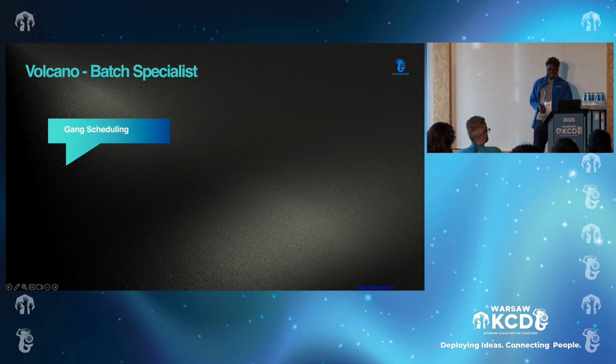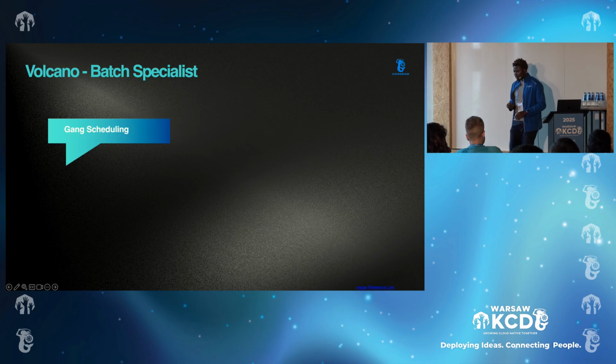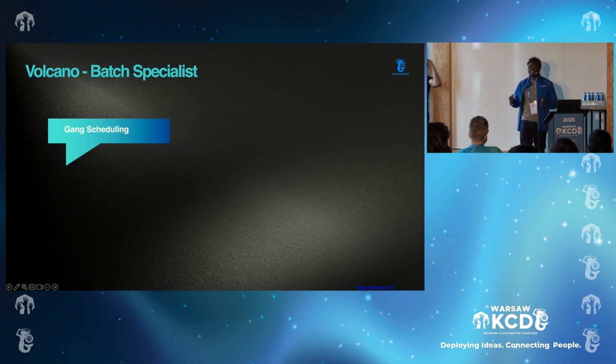Another thing that Volcano helps to do is what we call session scheduling. Let's say, for example, in default Kubernetes, Kubernetes will take one pod at a time, right? But for Volcano, it's basically a session. That is, it takes all your pod groups and looks at whether these pods can be scheduled at the same time.